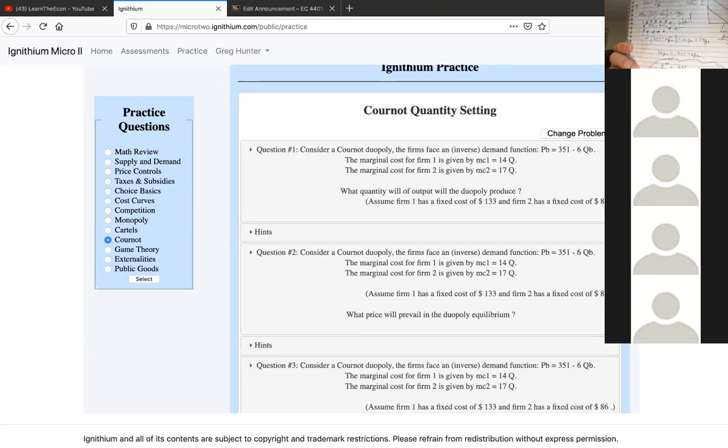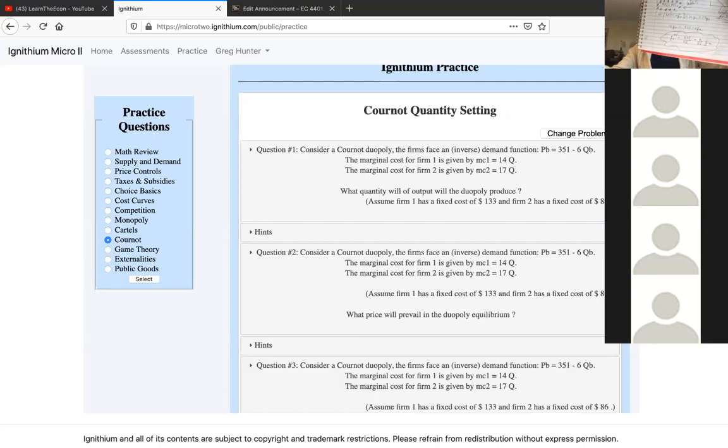And then we take the MR1 and set it equal to the MC1. Then if you look, you have this Q1 here and a Q1 there, and it's 12 and 14, so that's 26. Okay, I see that now.